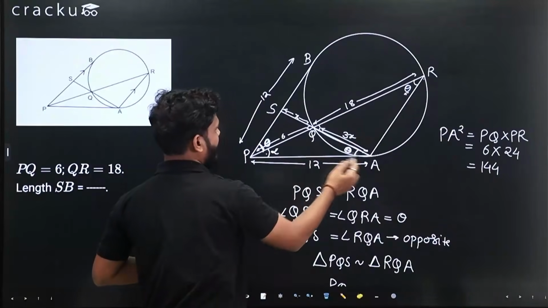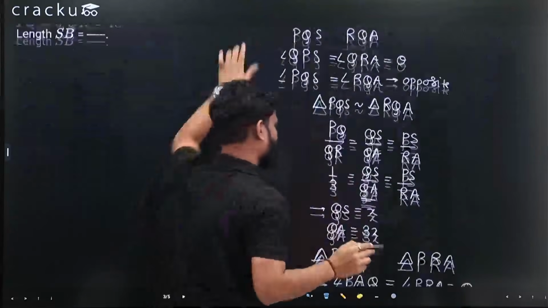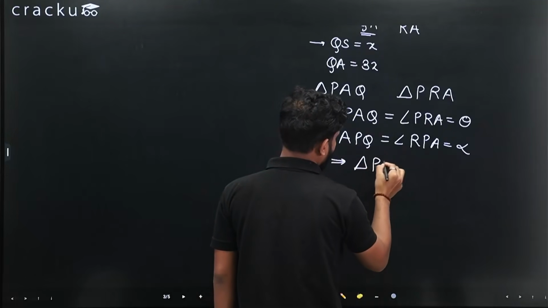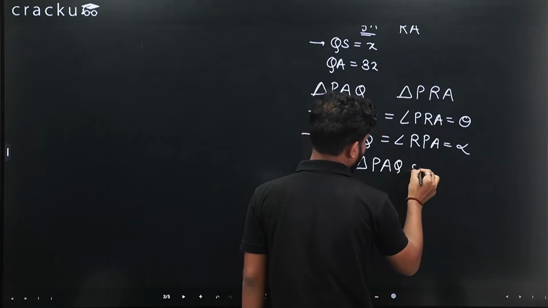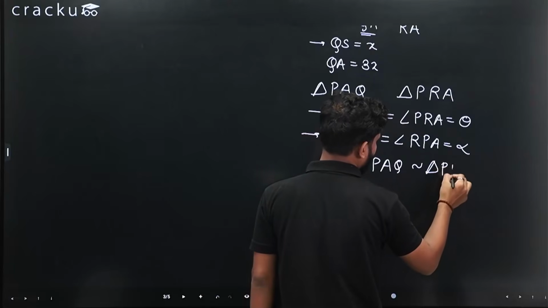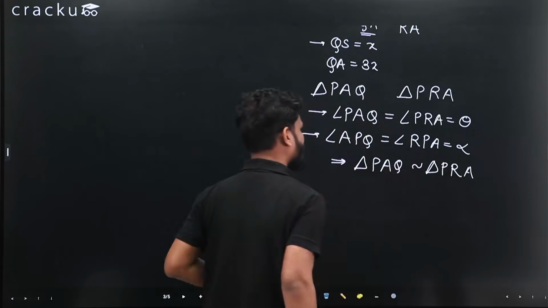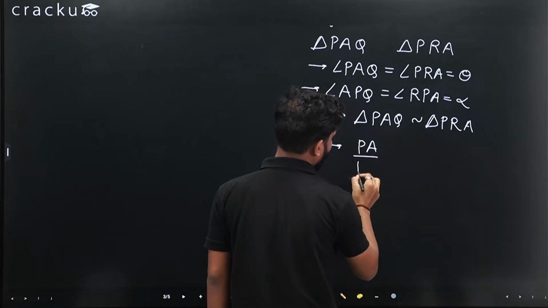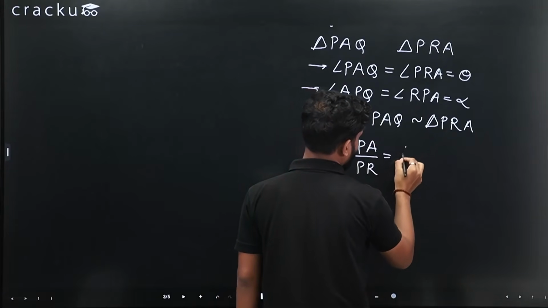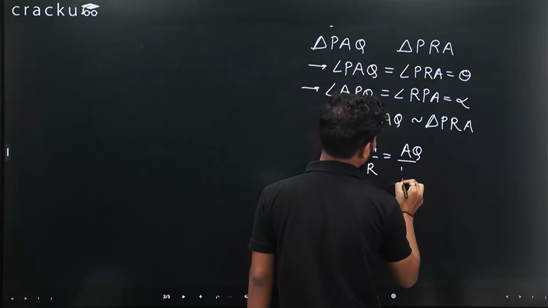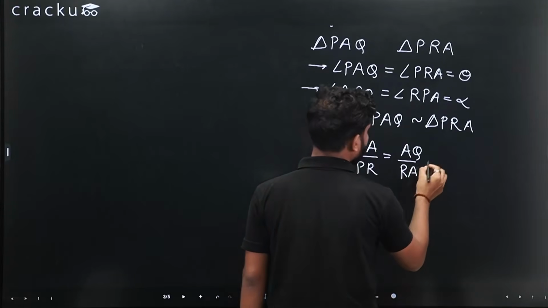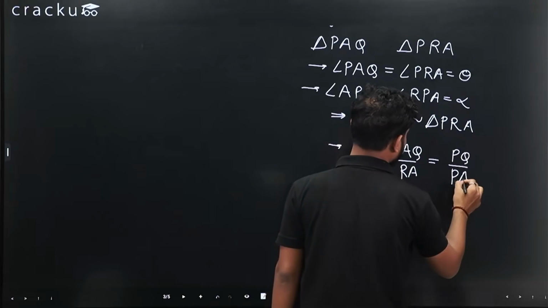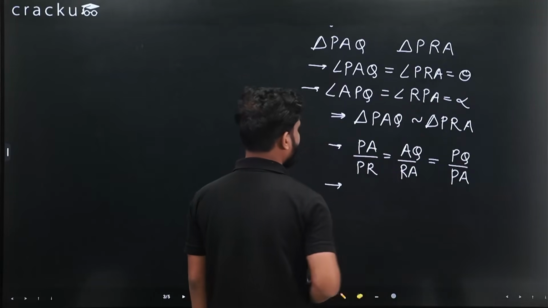So by the angle test of similarity, I can say triangle PAQ is similar to triangle PRA. From here, I can write PA upon PR is equal to AQ upon RA is equal to PQ upon PA.